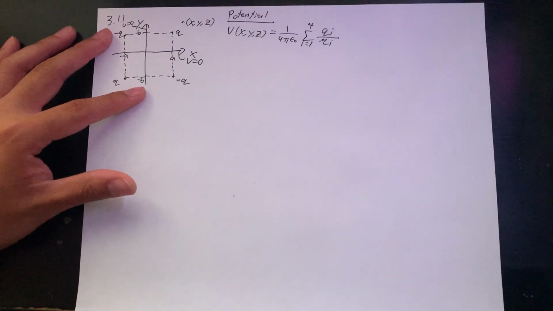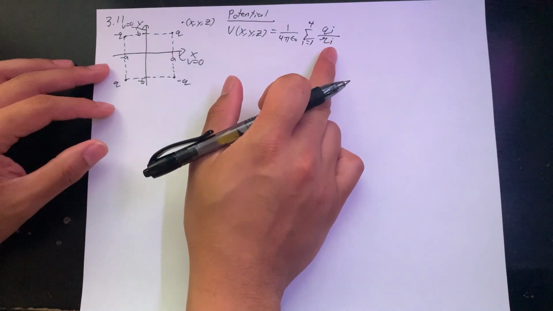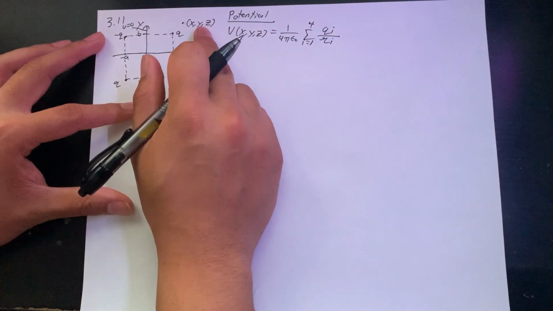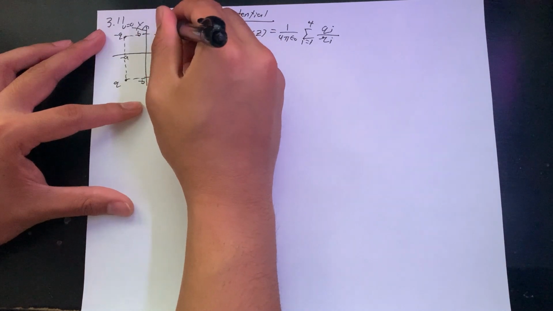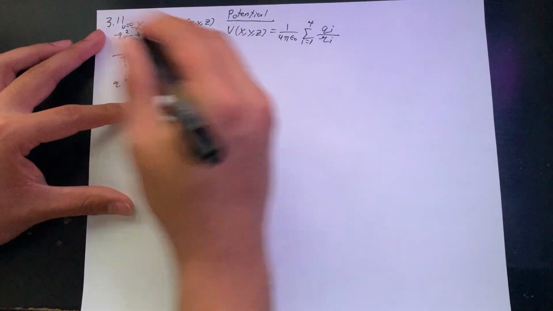Okay, so the first step is to find our separation vectors from this point, and I'm going to label these points as 1, 2, 3, and 4.